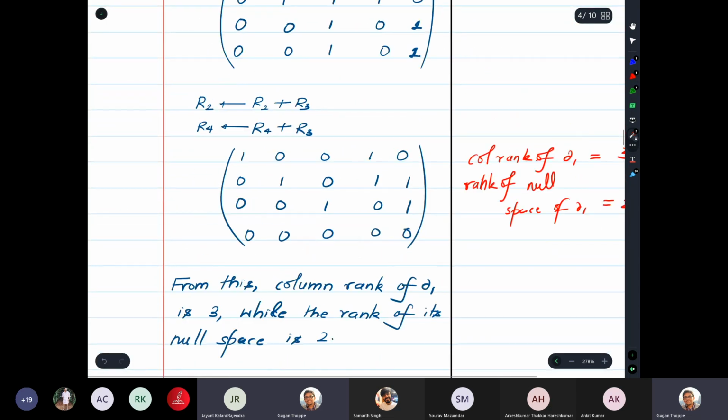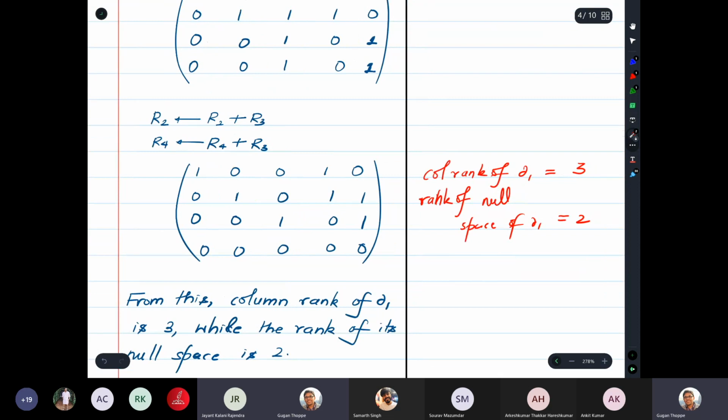All right, so let me pause here for a second or two. If there are any quick questions on how I figured out the column rank and the rank of its null space and so on, or if you have any questions on the different operations that we did, please let me know.